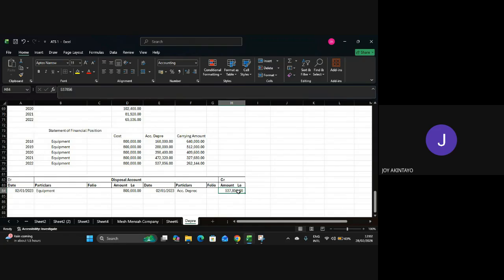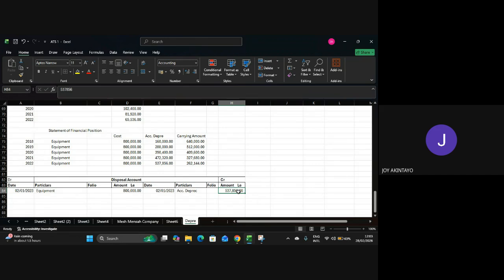You give out your equipment, then you receive something in return. Cash.